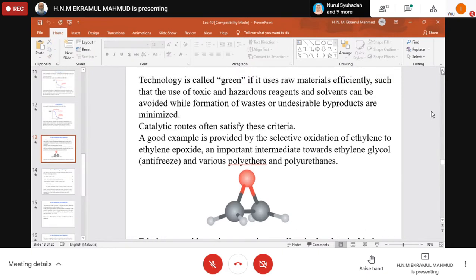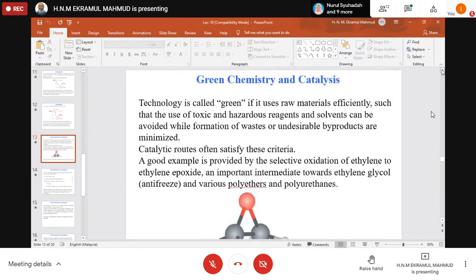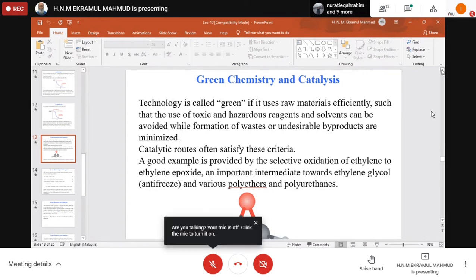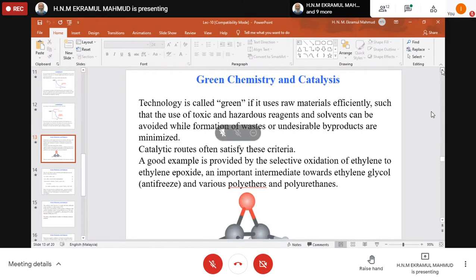All right. Now we see green chemistry and catalysis. We often hear the term green chemistry. The technology is called green if it uses raw materials efficiently. That means we should be concerned about our environmental pollution, right?